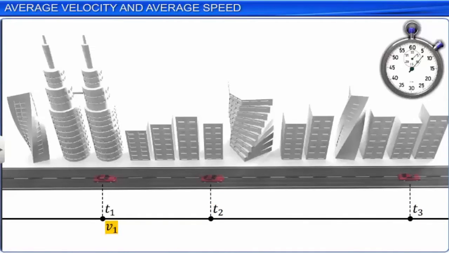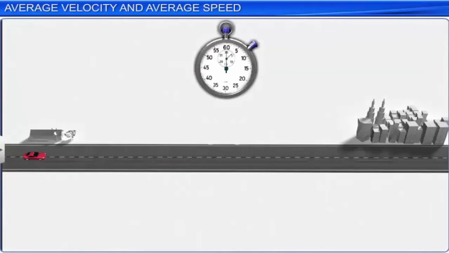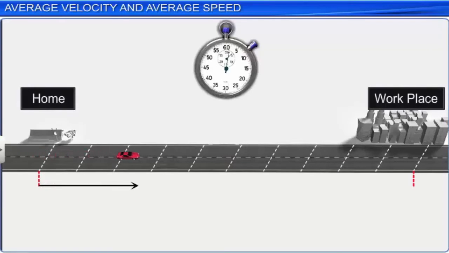Let us consider a scenario where a person is traveling from his home to his workplace and back home in his car. The path traversed by him is a straight line. When he goes to work, the displacement of the car is equal in equal intervals of time. Here, the displacement is considered to be in the positive direction.